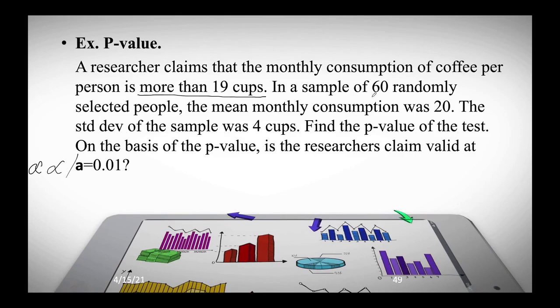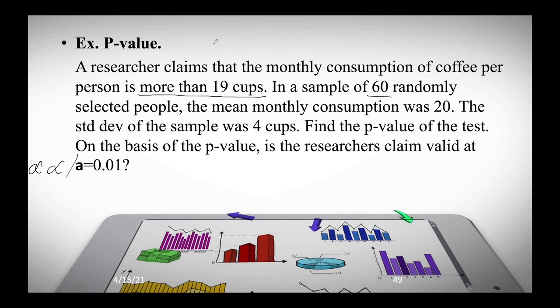So, mu 19 cups. Next, in a sample of 60 randomly selected people, so meaning to say we are going to have n equals 60 here. Okay? And the mean monthly consumption was 20. Since this is a sample and not population, naka-indicate naman, we are going to use x bar for this number 20.